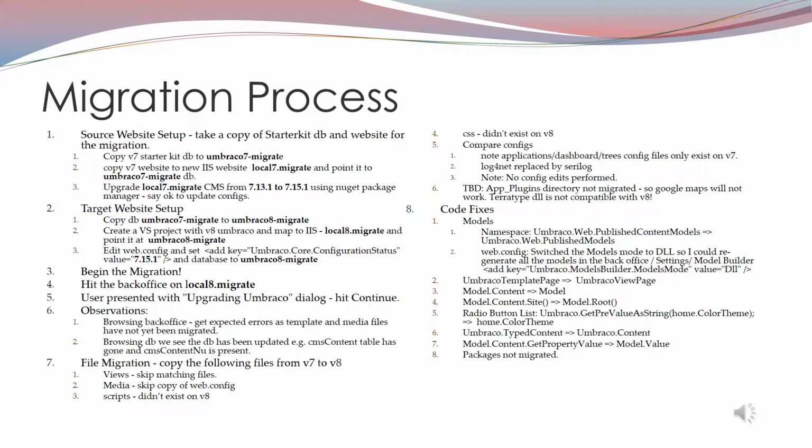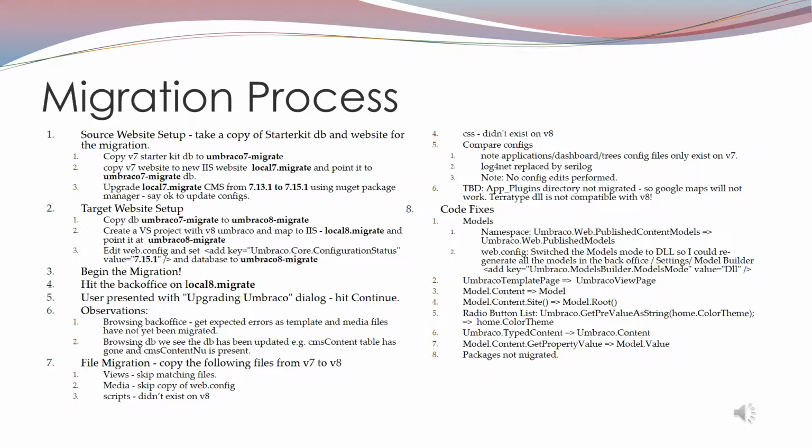We then edit the web config in the version 8 solution and set the Umbraco core configuration status to 7.15.1. So that's the source version of Umbraco that we're going to upgrade to version 8, in my case 8.12. And so now we're in a position to begin the migration.